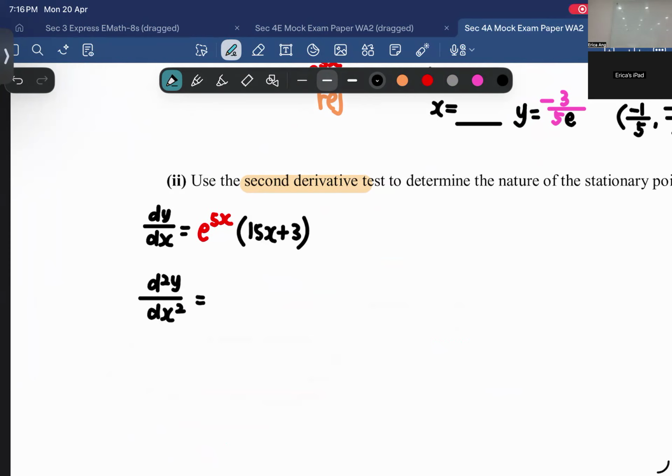Okay, differentiate one more time. Yes, go and differentiate one more time.